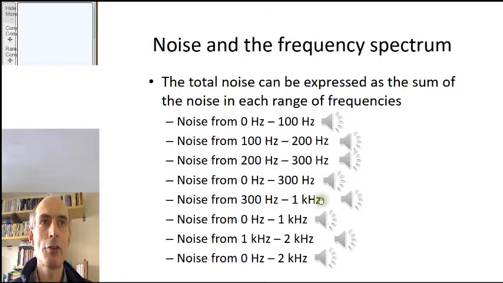If I then add this noise, the noise between 300 and 1 kilohertz, I end up with this signal here, which is the noise between 0 and 1 kilohertz. Add the noise between 1 kilohertz and 2 kilohertz, and we get the final noise between 0 and 2 kilohertz.